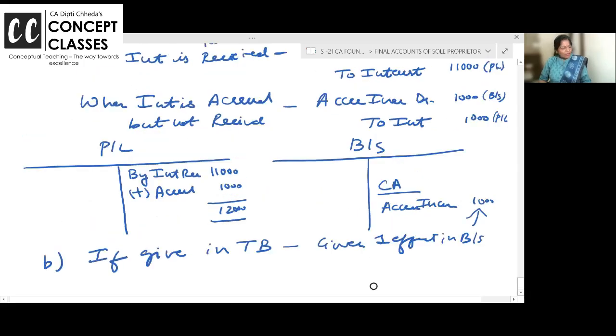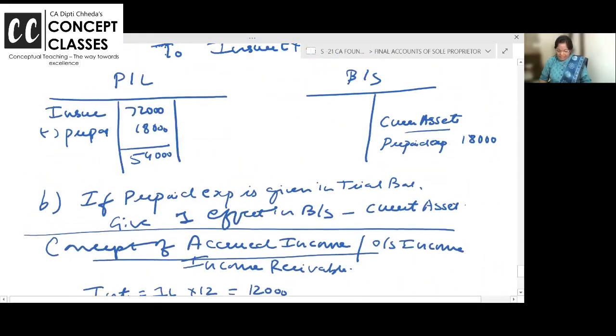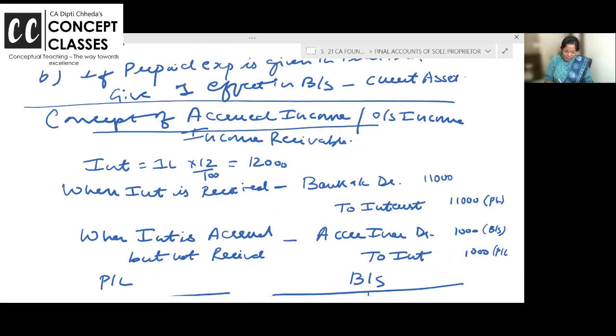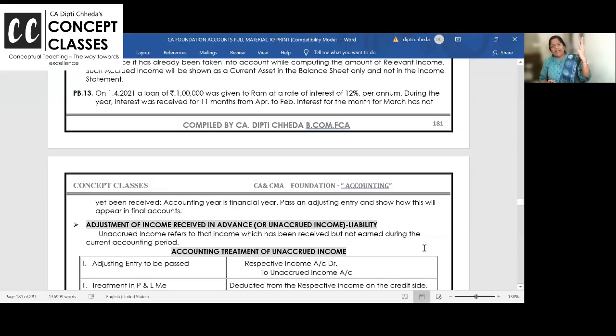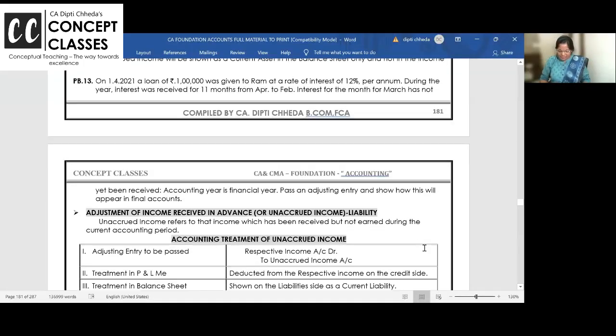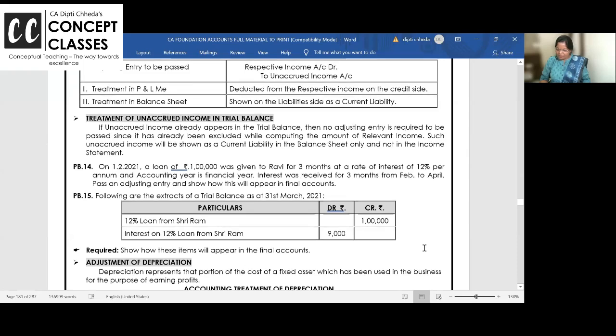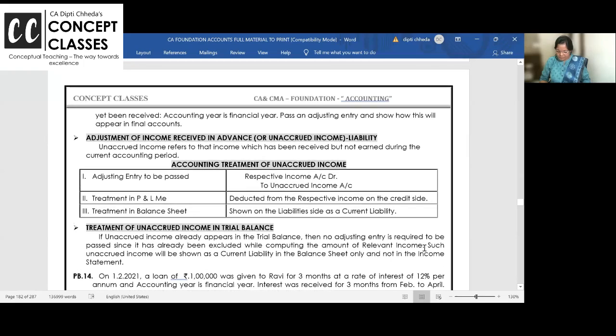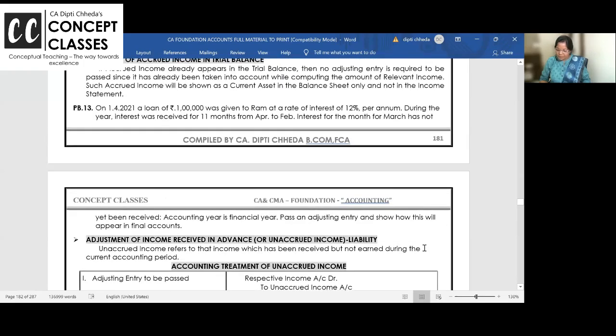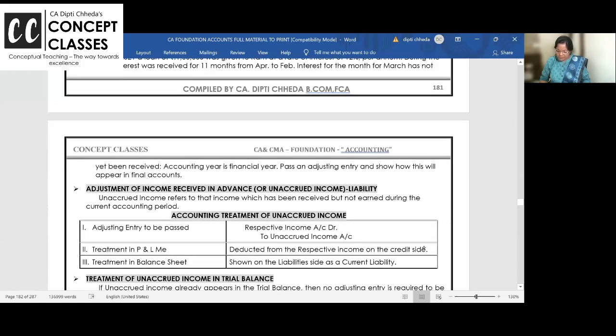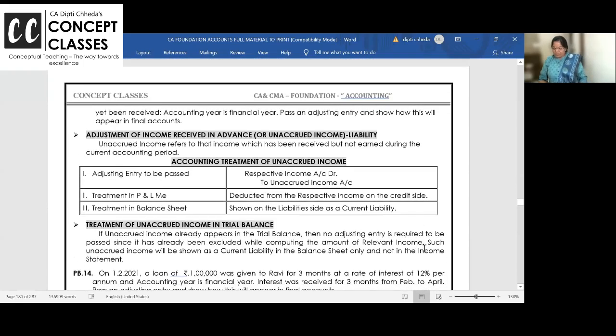Okay. So I hope this 13th problem is clear to all of you. How many types of adjustments have we done? Outstanding, prepaid, accrued, income received in advance with 13 problems. Income received in advance we did, no?